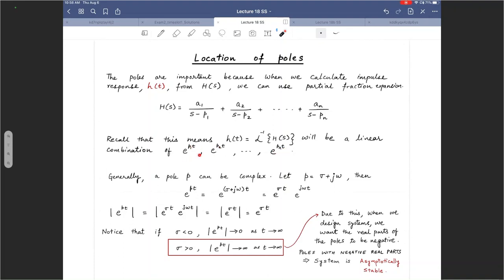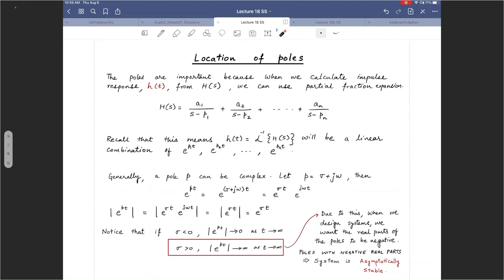Now, once we have that result, let's take a look at a pole p, which generally can be a complex number. So if we can write p as some sigma plus j omega, some constant here, then e raised to pt can be written as e raised to sigma plus j omega t. And you can isolate the real and imaginary part into two separate exponentials that are getting multiplied, e raised to sigma t, e raised to j omega t.